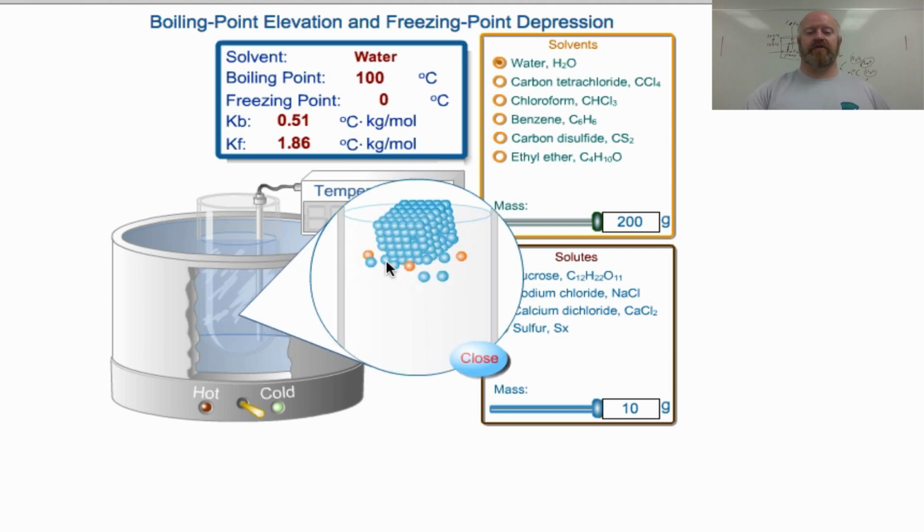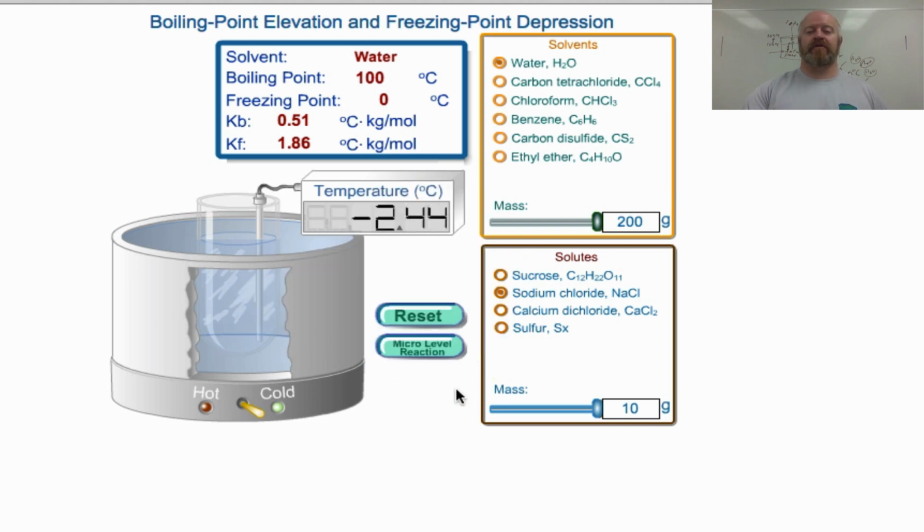So if you look, they're trying to freeze, but again, they block the process. These solute particles actually can block that process of resolidification. They basically don't let the molecule solidify again. So to get it to happen, you need to reduce the temperature even more, or expand that liquid phase between there.